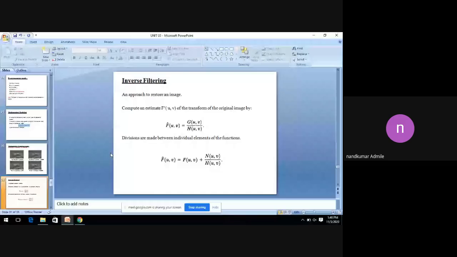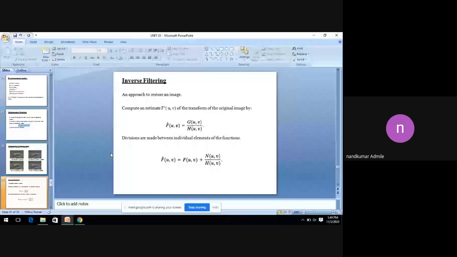F dash of uv is equal to F of uv plus N of uv divided by H of uv. So when we restore an image, a little bit of noise can also be present with the image, and that is represented with N of uv. That noise is divided by the degradation function.